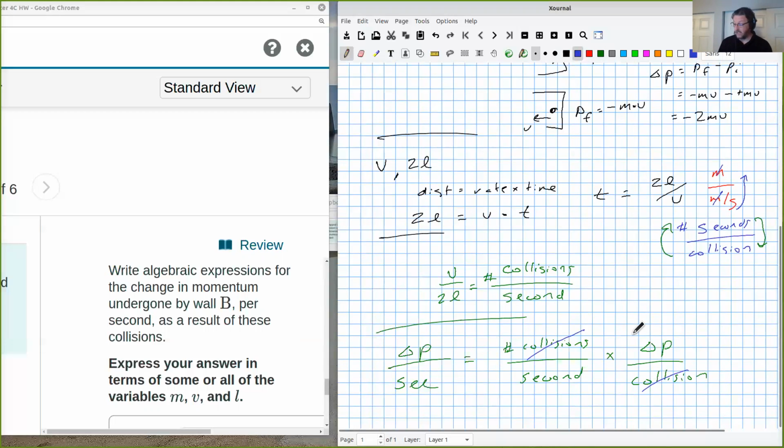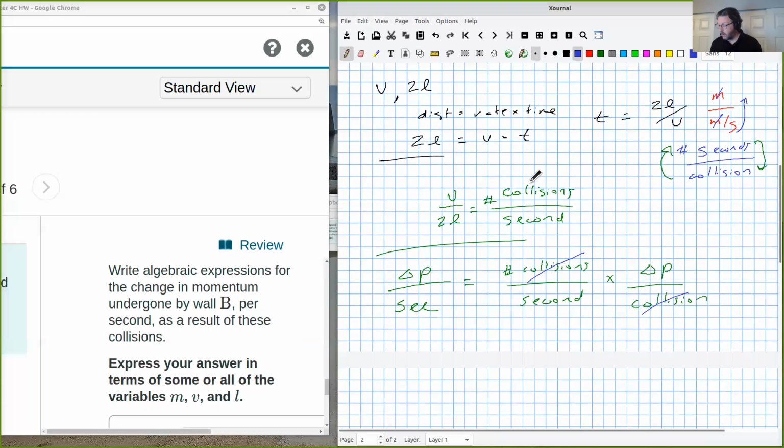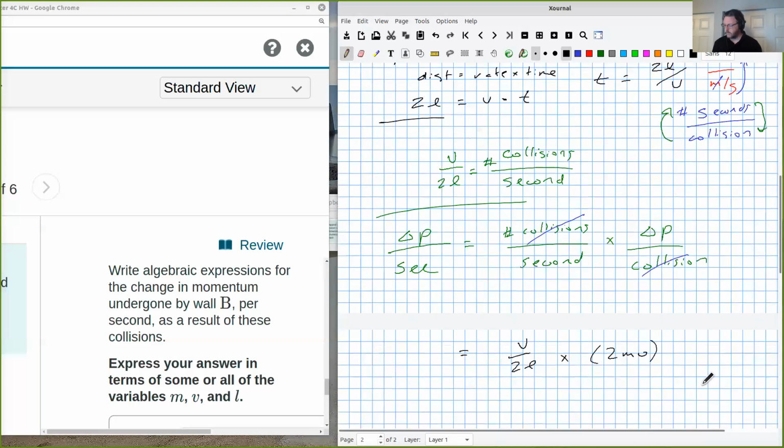So the way I combine these things is by putting those two expressions together. So the thing I want is going to be the number of collisions per second, V over 2L, times the momentum change per collision, which is 2mv. Let me fix that L. All right, so now let's simplify that expression.